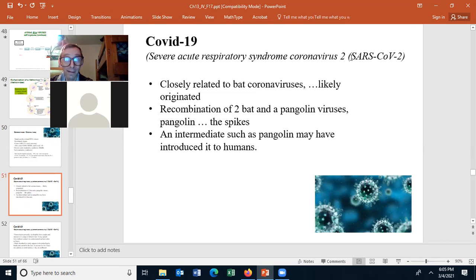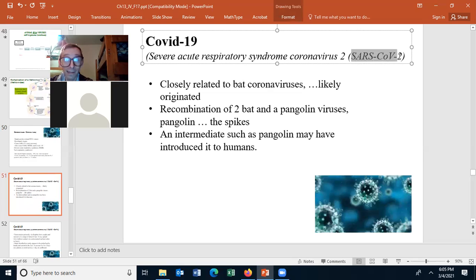This is so similar to SARS that not even the scientific community is calling it that, because it'll get confused with SARS. Most people are calling it COVID-19. COVID-19 stands for coronavirus disease, and then the 19 stands for identified in 2019.